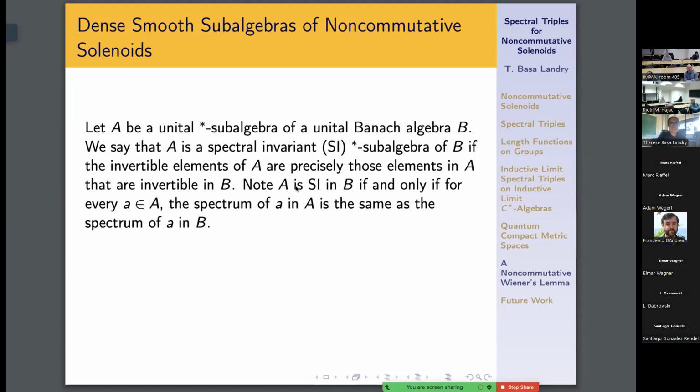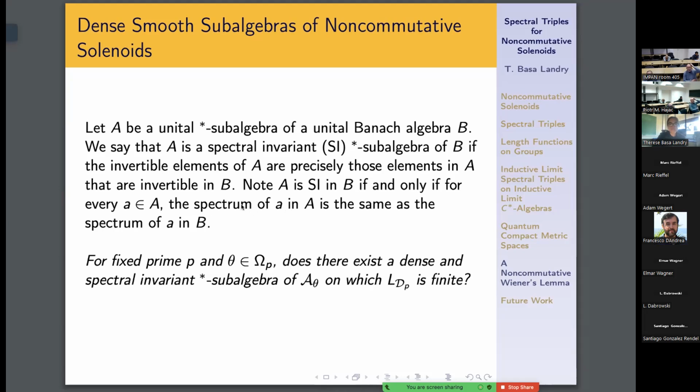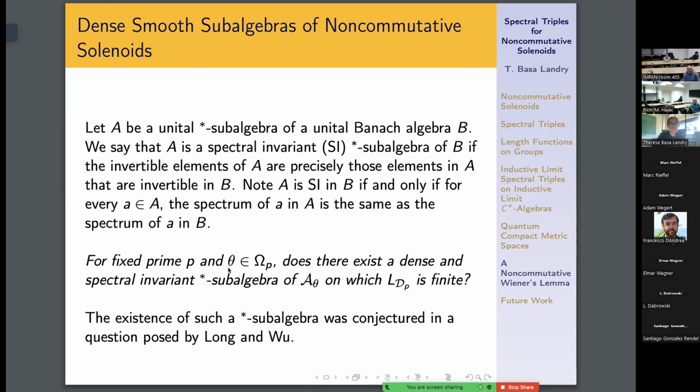Using SI for short, the unital star subalgebra is SI in the unital Banach algebra if and only if for every element in the unital star subalgebra, the spectrum in the unital star algebra is the same as the spectrum of it in the larger algebra. And this is a question that was posed by Long and Wu.